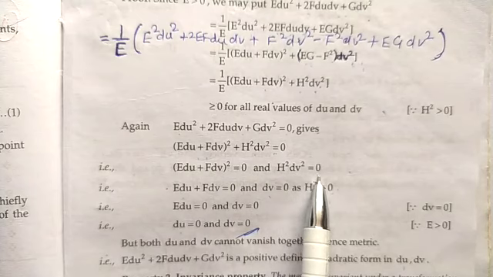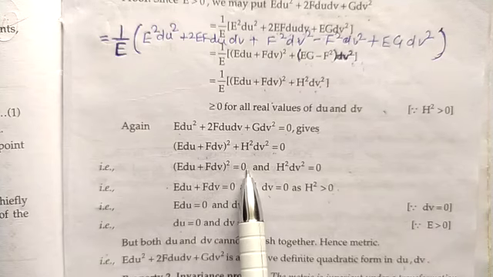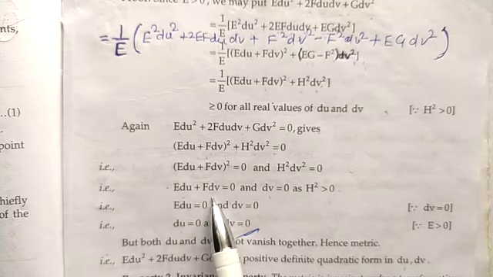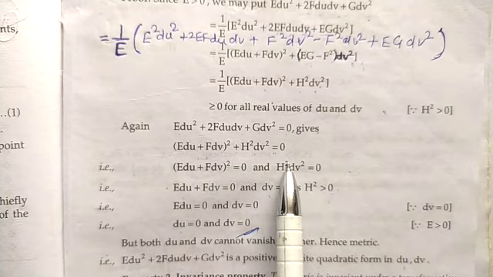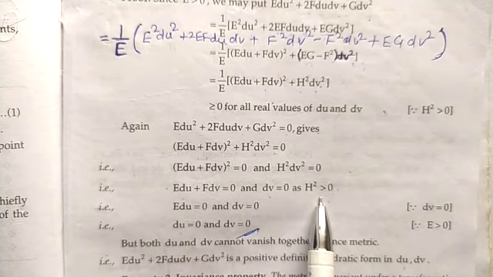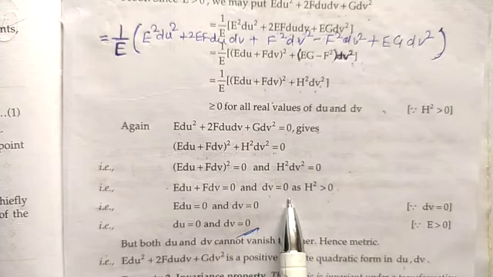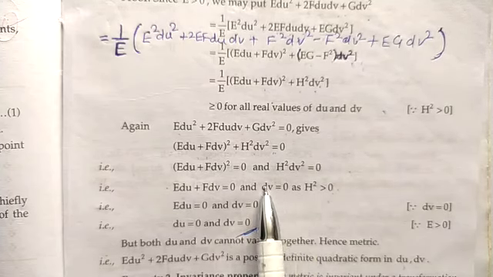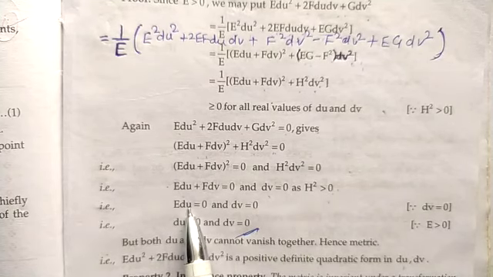Now E du plus F dv whole square is a non-negative quantity, so this being 0 means E du plus F dv is equal to 0. Also, because H square is not equal to 0, that is a positive quantity, if H square dv square is 0, it means dv will be 0. Substituting dv equal to 0 here, we get E du equal to 0.